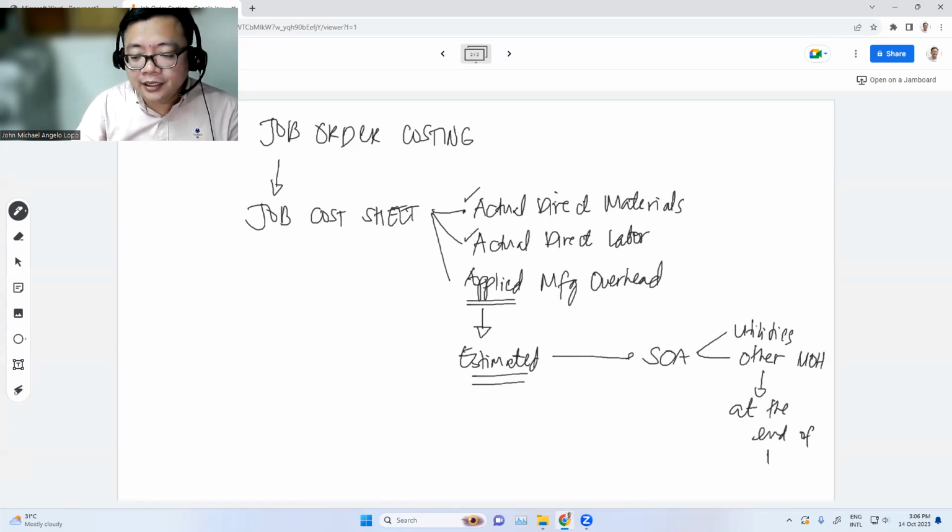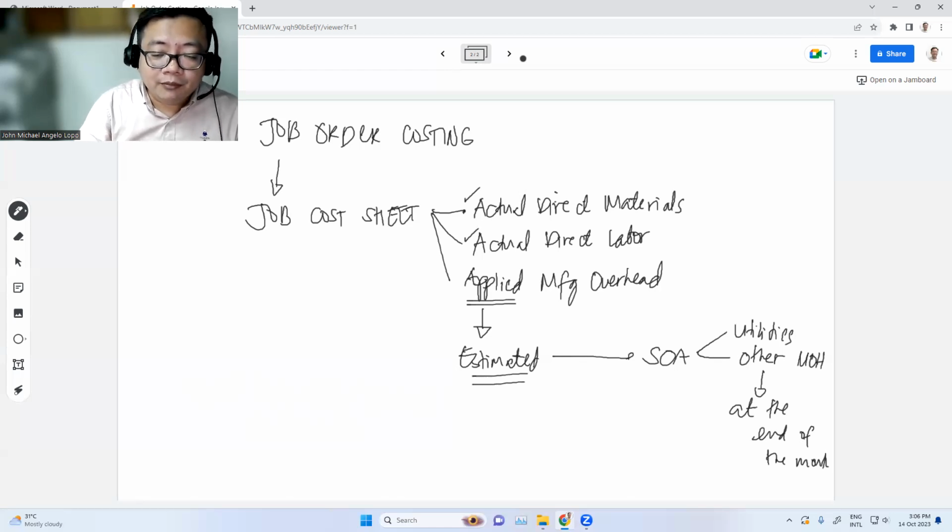May mga time din, 2 months pa or 1 month after. That's why, in the manufacturing overhead, it is based muna sa ating estimated.